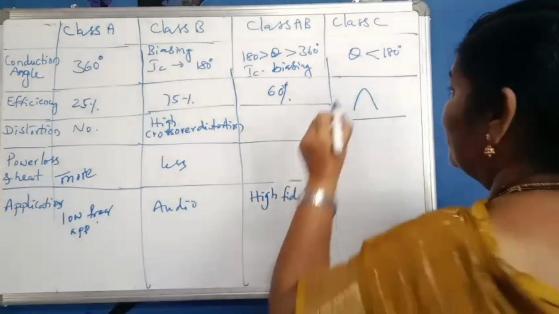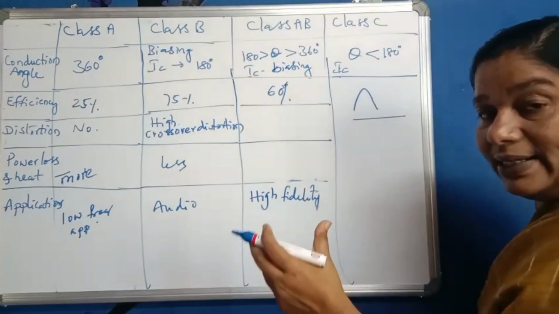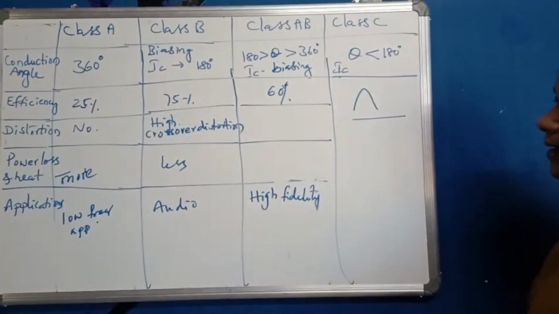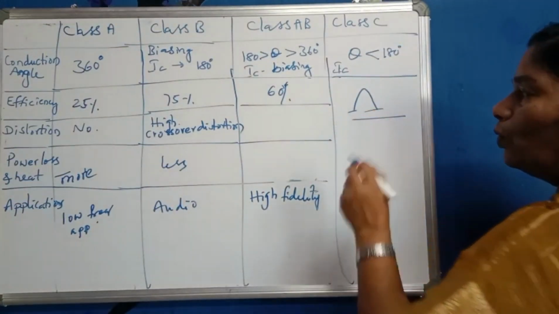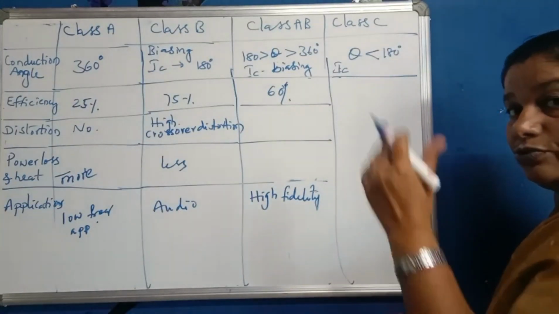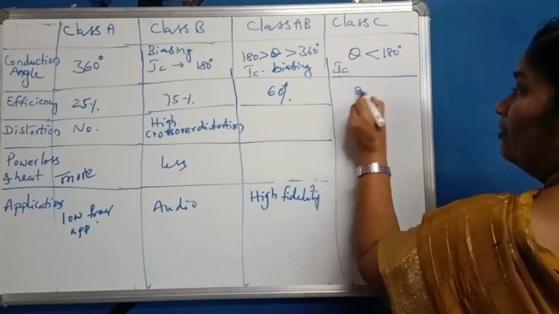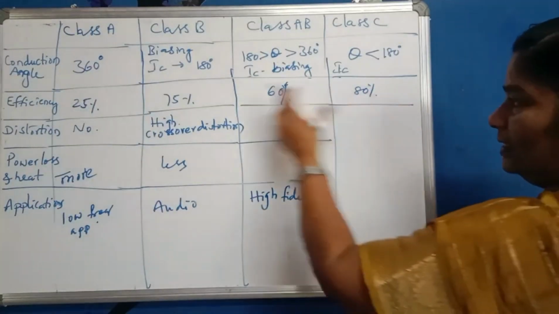That means IC flows for less than 180 degrees. So this will cause more and more power loss, but its efficiency is much higher, nearly equal to 80%.